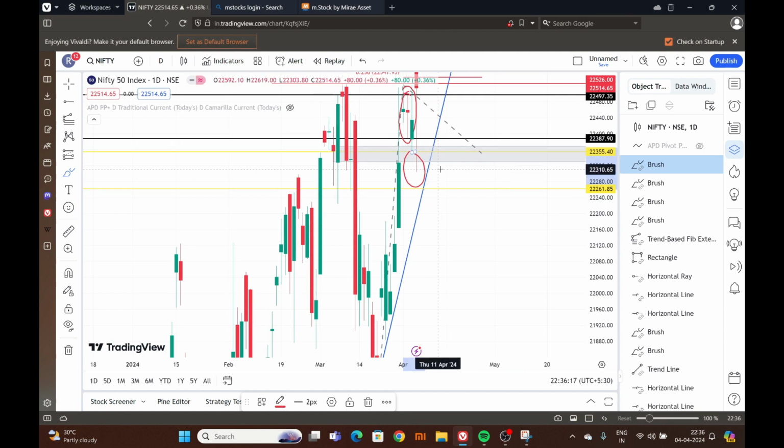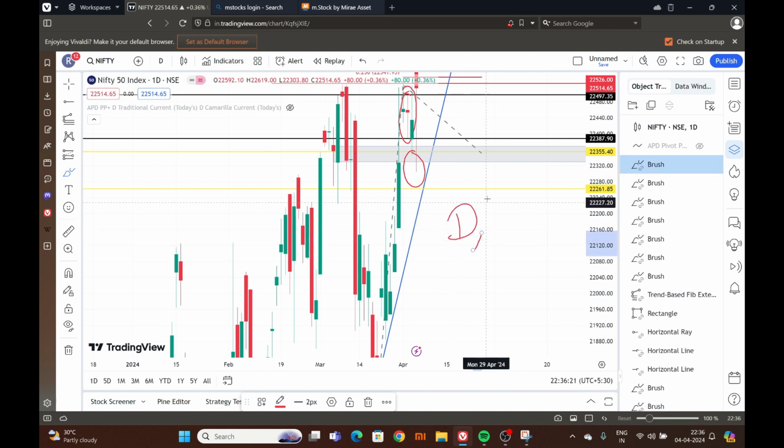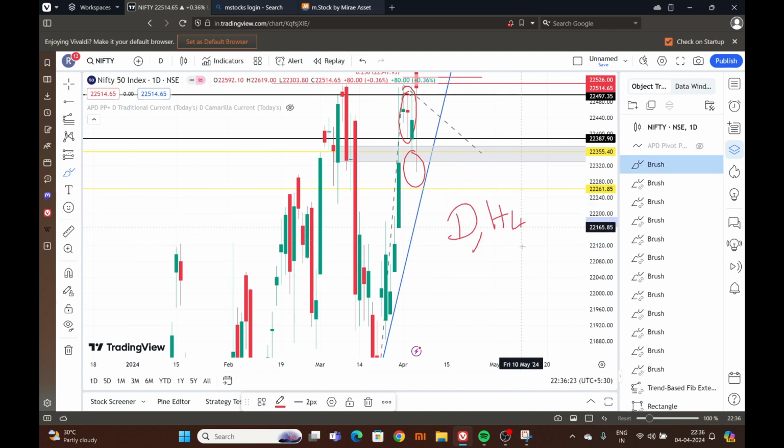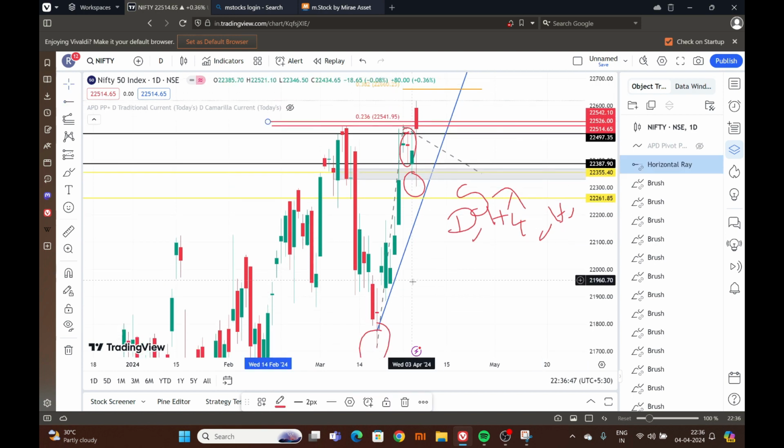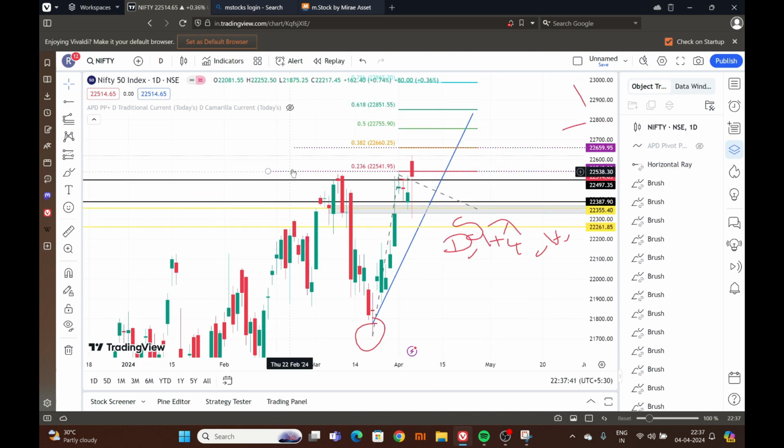So daily support, daily, H4 and H1, this is strong support. So our potential first target should be this one, around 22,526.